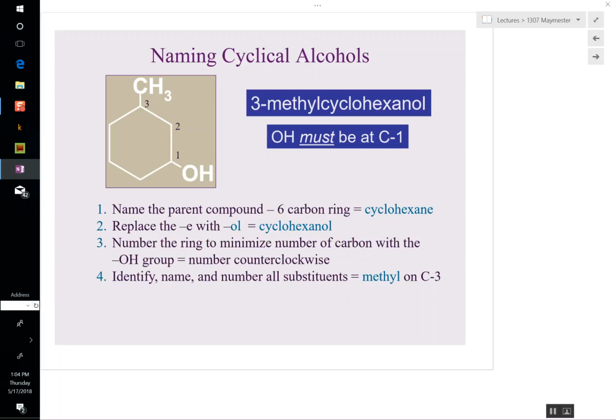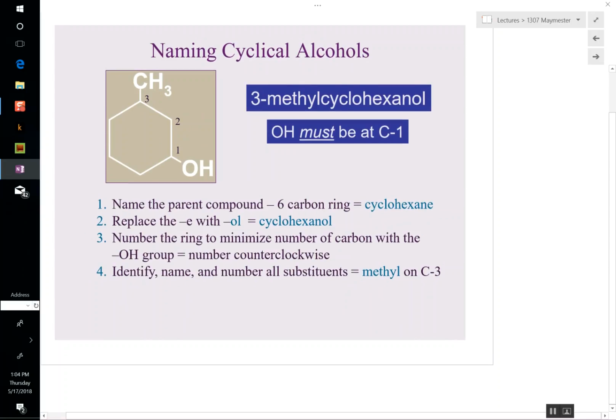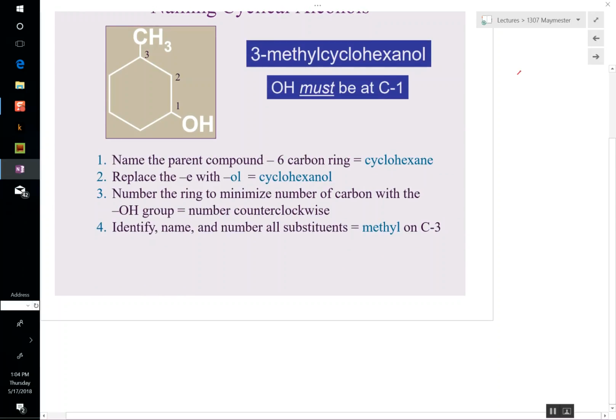Naming cyclical alcohols. If I just had an OH group on a 6-membered ring, it'd be cyclohexanol.